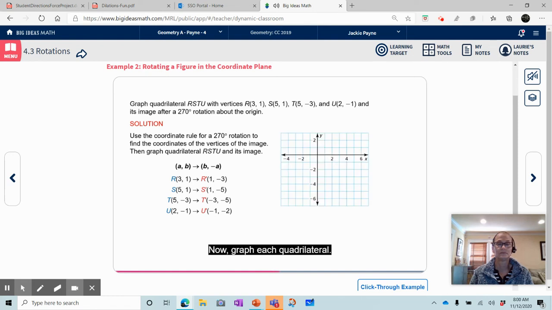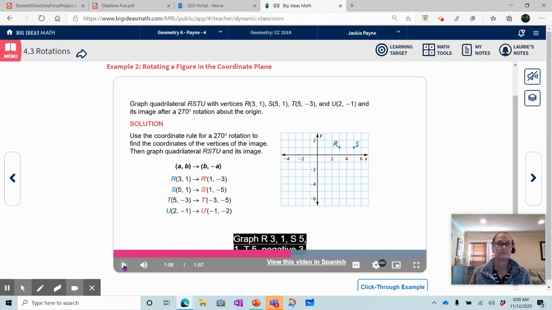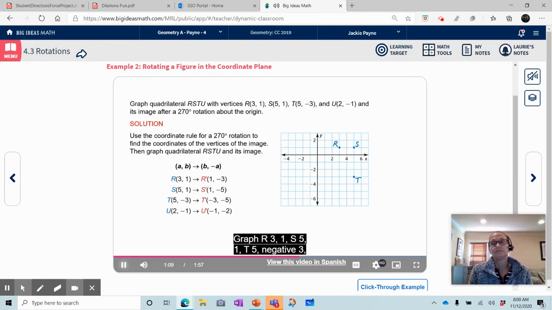Now graph each quadrilateral. Graph R(3,1), S(5,1), T(5,-3), and U(2,-1). And this is again where color will really come in handy, so make sure you have your colors or highlighters ready. Connect the vertices to form quadrilateral RSTU.